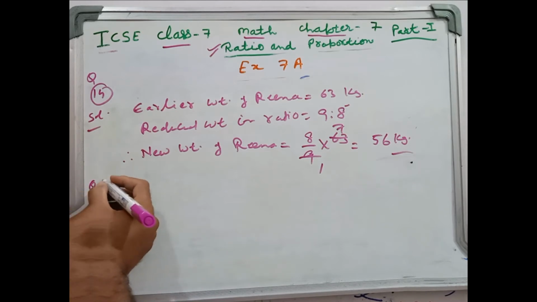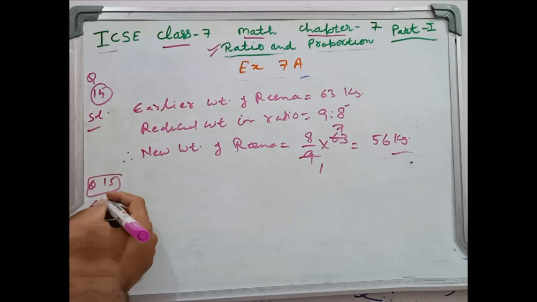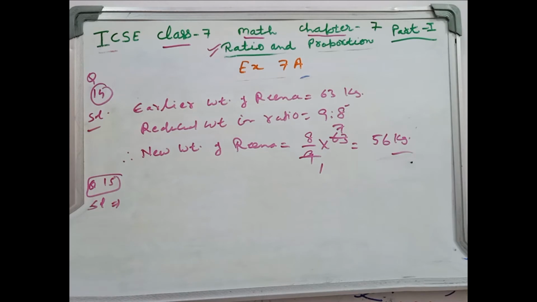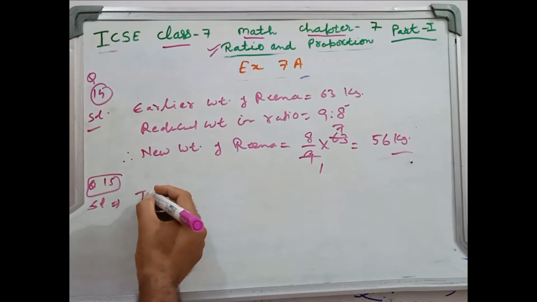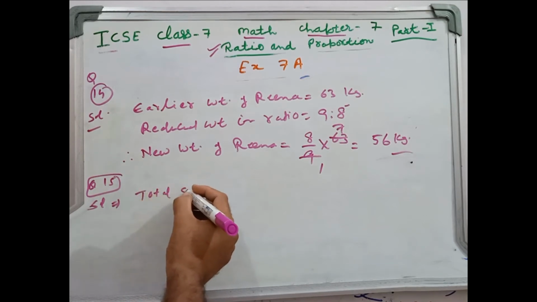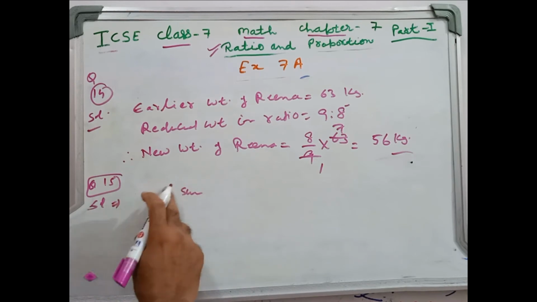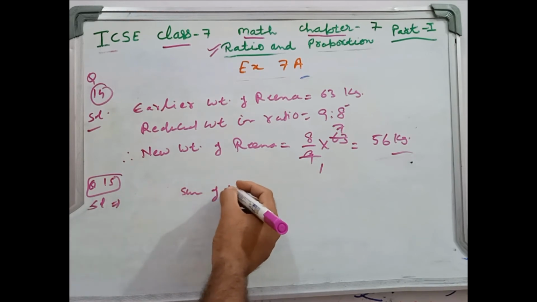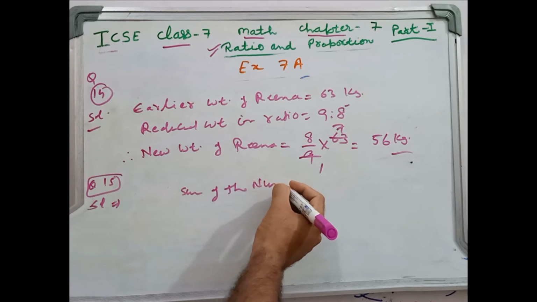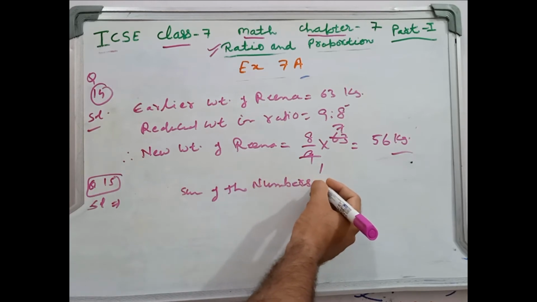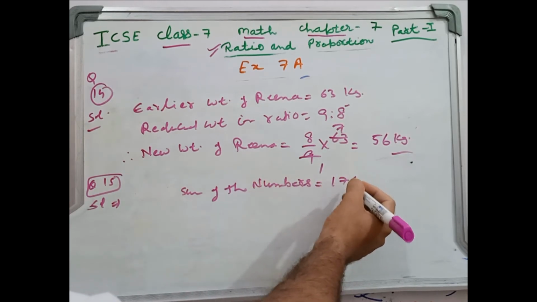Question number 15. Two numbers are in the ratio of 9:13. Their sum is 176. Find the numbers. Okay. Total, sum and total are same. Sum of the numbers equal to 176.